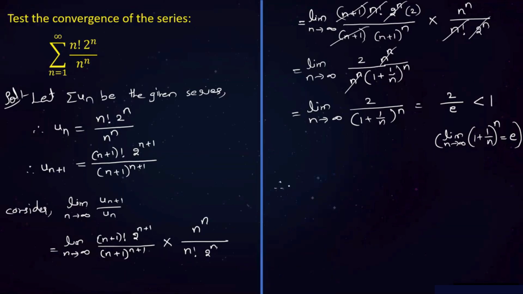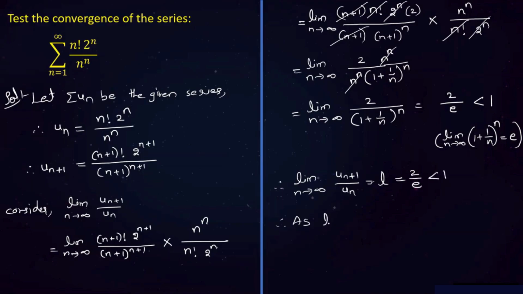So therefore, limit n tends to infinity, u(n+1) divided by u(n) is equal to 2/e, which is less than 1. Let me just write it like this for convenience. I'm taking it as L, and we got it as 2/e, and it is less than 1.